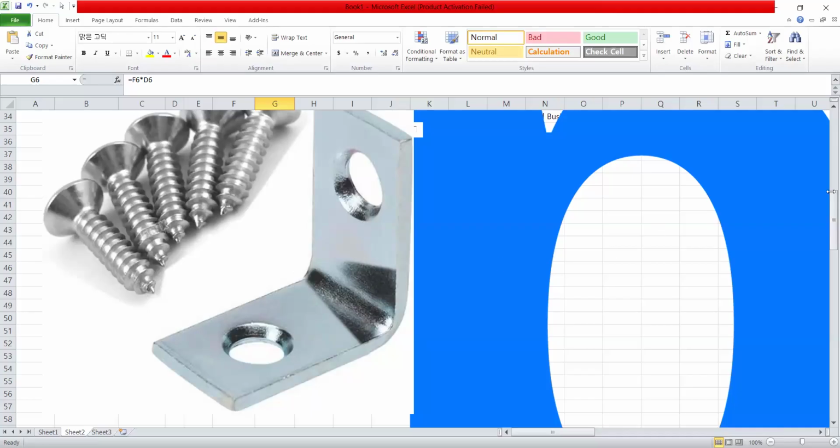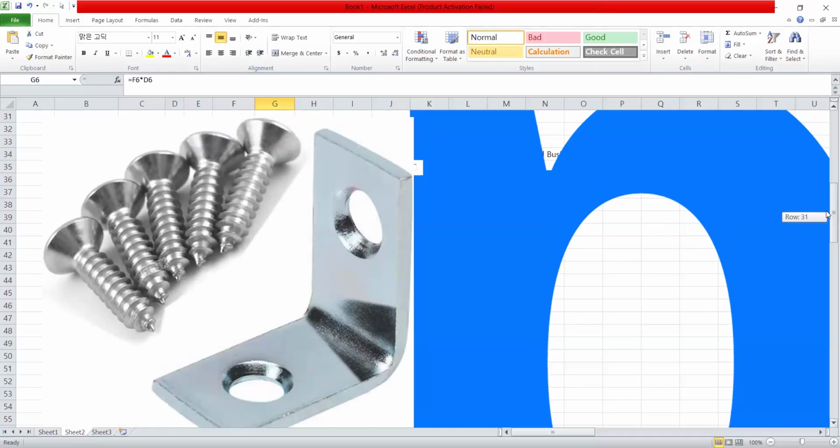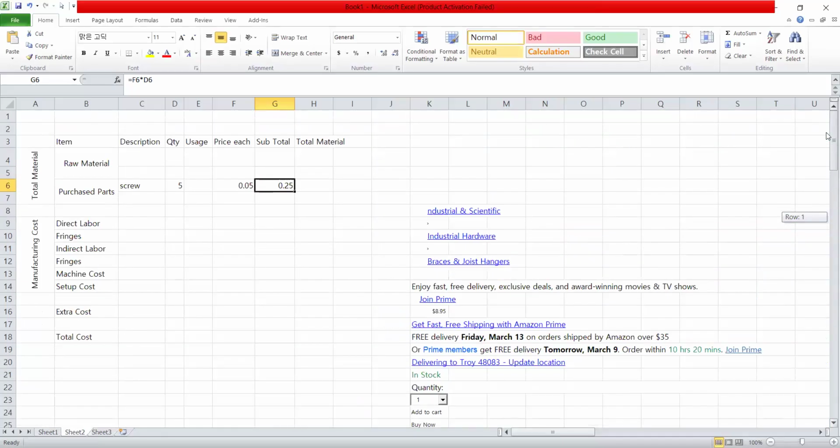So if the engineer provides the gross weight, we take that one. If we don't have it, then we take the net weight. Let's say the net weight is 10 grams, we will put 0.01 and then apply about 50% scrap on that bracket.